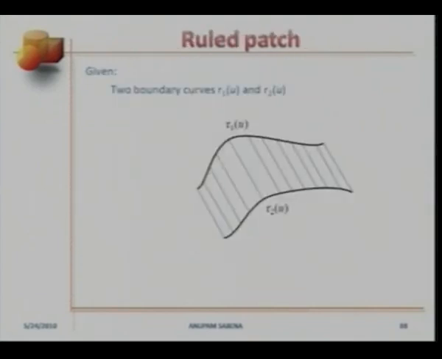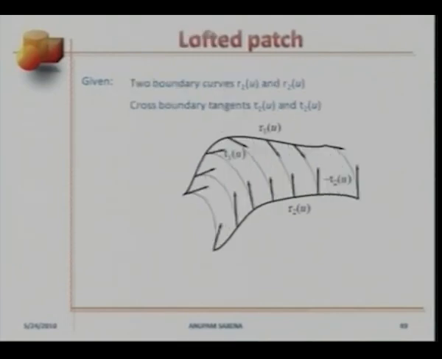In boundary interpolating patches, we studied quite a few models. The first one was a ruled patch that used only two curves as boundaries. The second one was a lofted patch that used two curves and information on cross boundary tangents at these two curves as input.